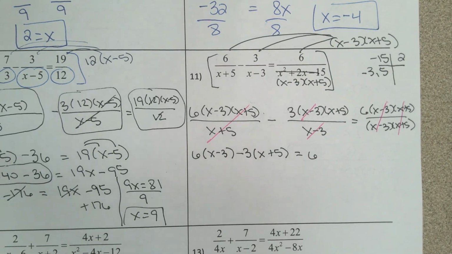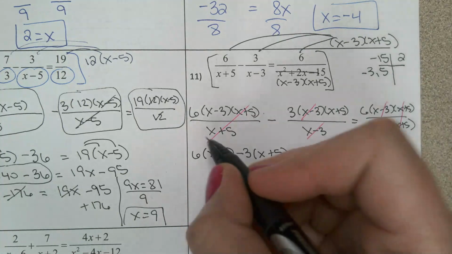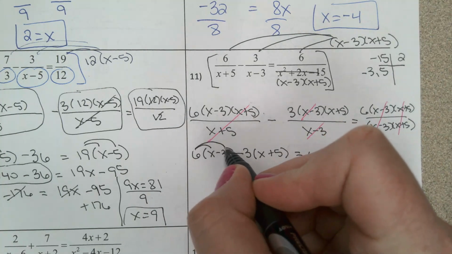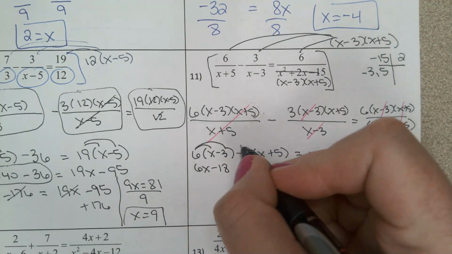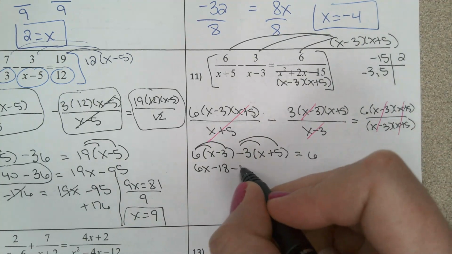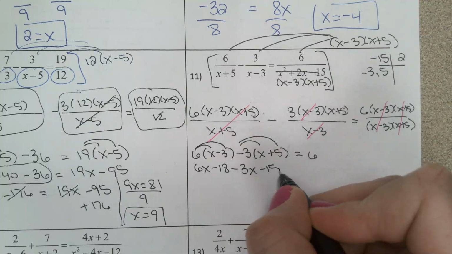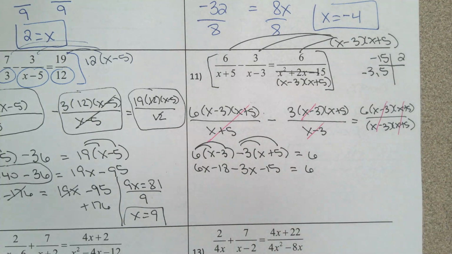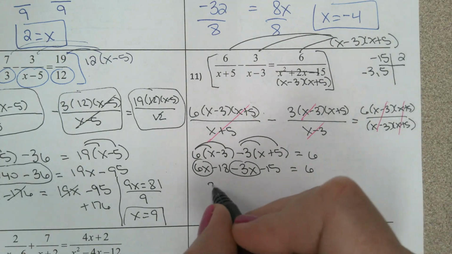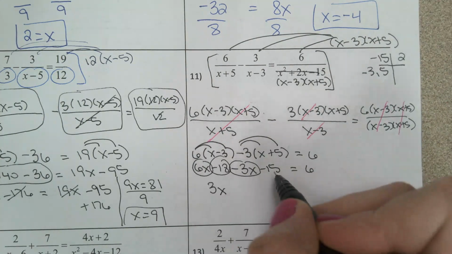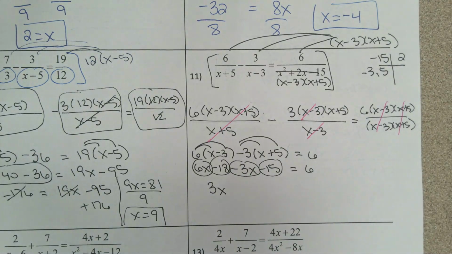So now I just have an algebra problem where I have to distribute and combine like terms, and I think we would call that a multi-step problem. So I'm going to distribute, and I would get 6x minus 18. Distribute and get negative 3x minus 15 equals 6. I'm going to combine like terms with my variables, and that adds to 3x. Combine like terms with my numbers.